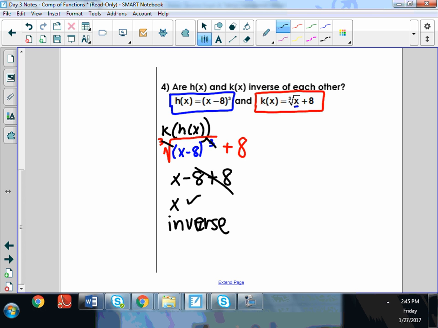So the next one we're going to find is h of k of x. My k of x is that third root of x plus 8. It's that whole thing. So it's like just the x, and I have to build the rest of it around it.